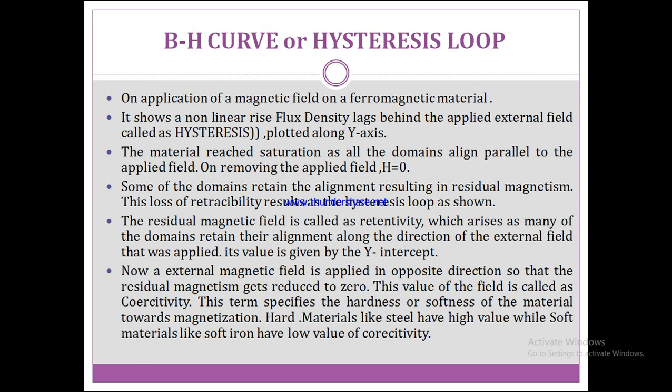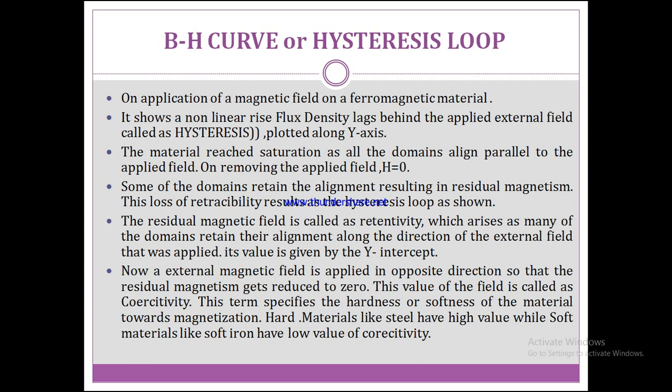The residual magnetic field, called retentivity, arises as many of the domains retain their alignment along the direction of the external field that was applied. Its value is given by the y-intercept. Now, an external magnetic field is applied in the opposite direction so that the residual magnetism gets reduced to 0.